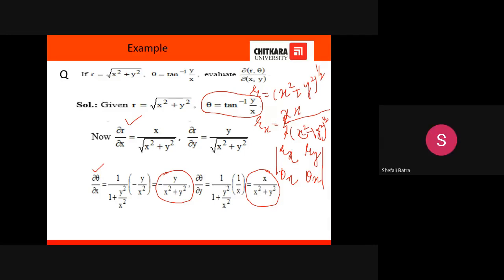Okay, do it. Yes, Niharika, done beta? No, ma'am, I'm just doing. Okay, do it, do it. You need to find out just the determinant, beta. All values are given to you.